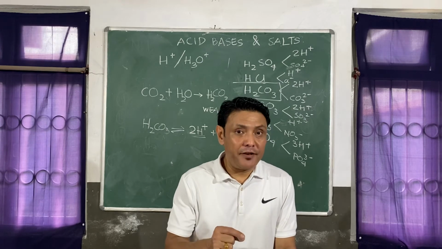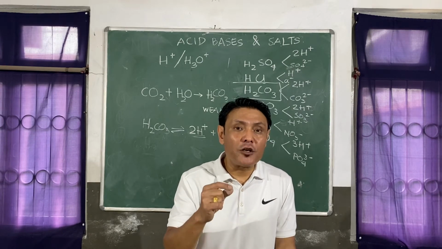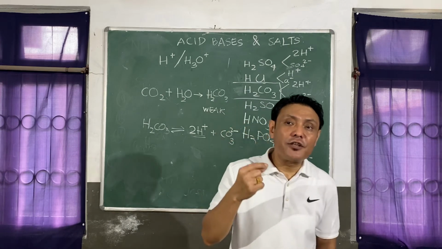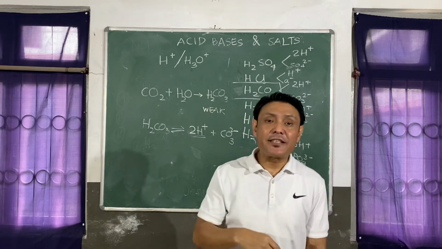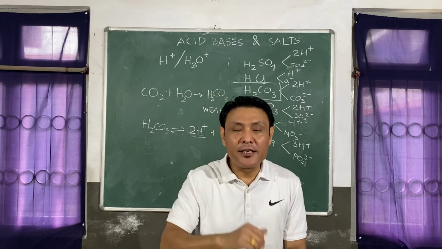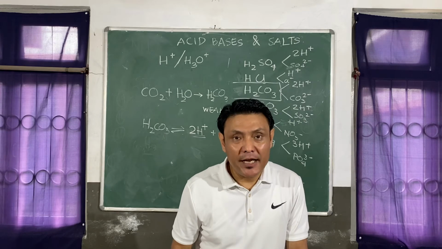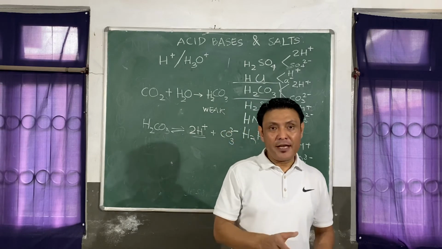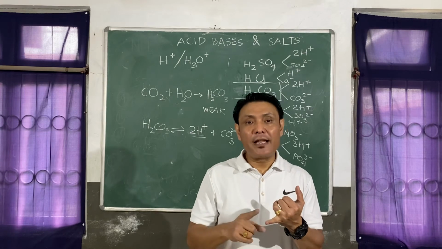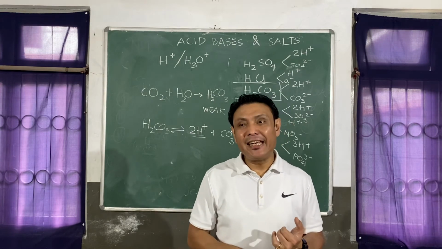If in an acid the concentration of water is low and the percentage of acid is more, then it is termed a concentrated acid. If in a solution the percentage of acid is more than the percentage of water, then it is called a concentrated acid.